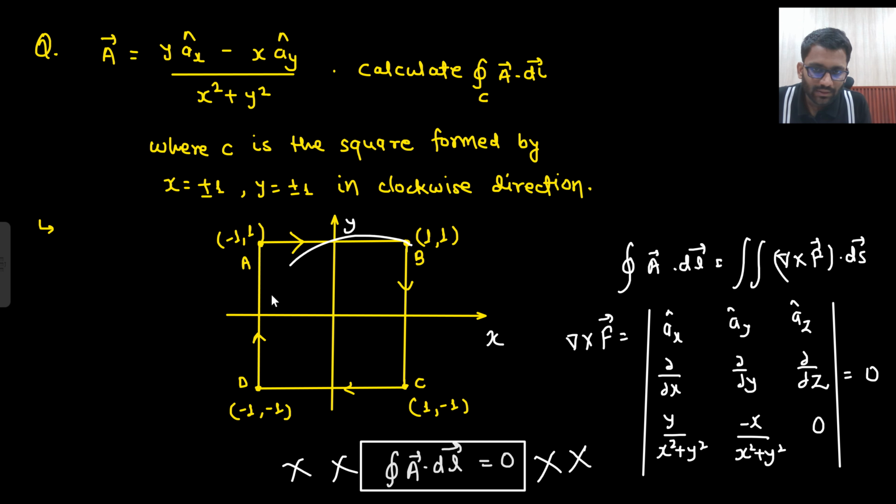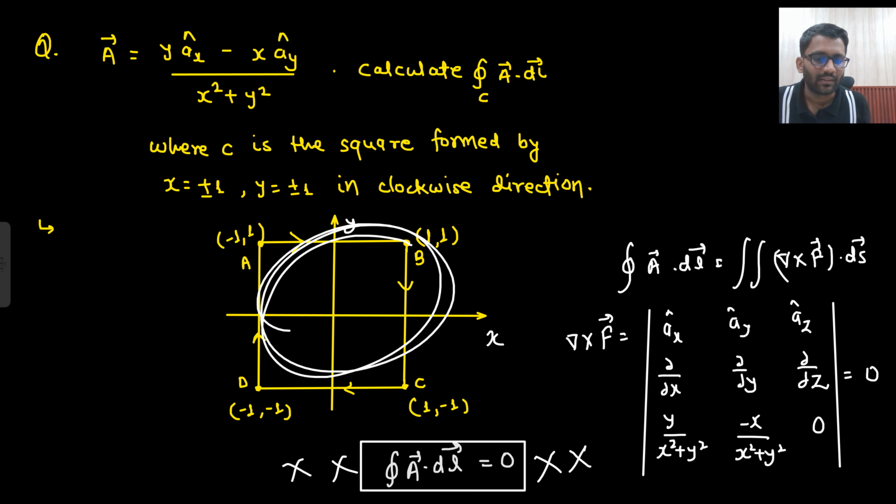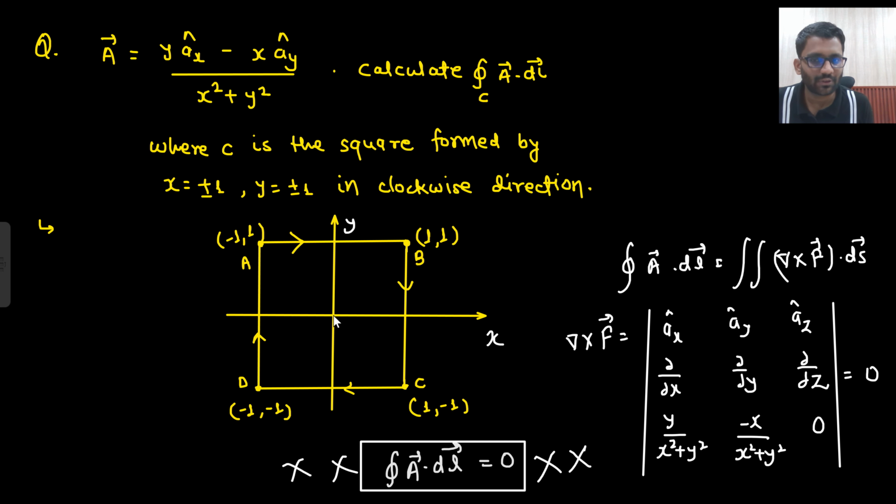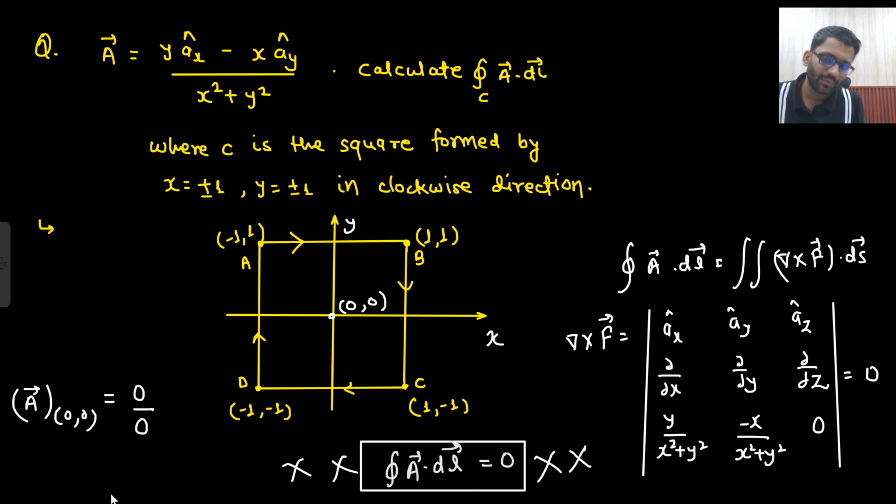Now in this particular closed line, this is enclosing this much surface area. Now in this surface area, point 0 comma 0 is also coming. If you put point 0 comma 0, what is the value of A at point 0 comma 0? That is, if you put 0 comma 0 here, what you are getting? 0 by 0. That means here Stokes theorem is not applicable.